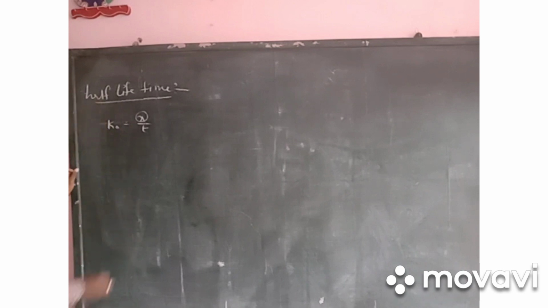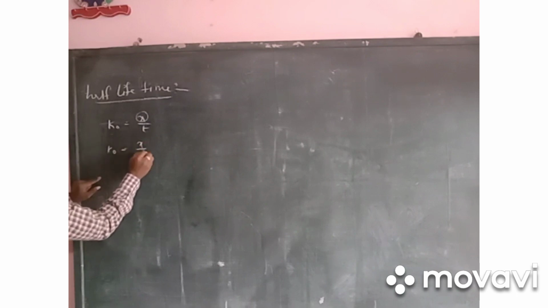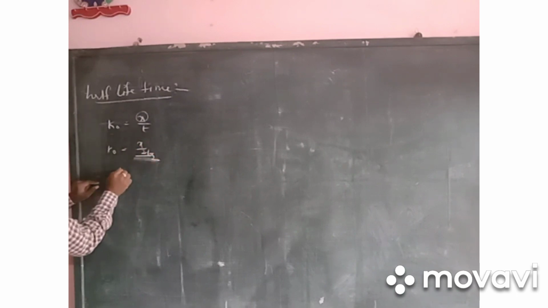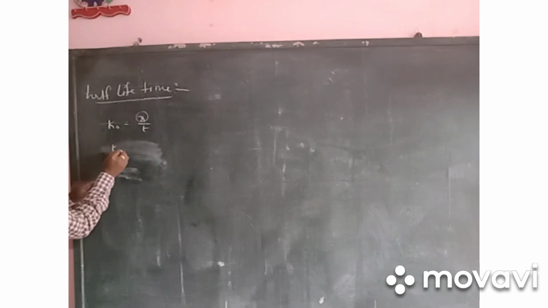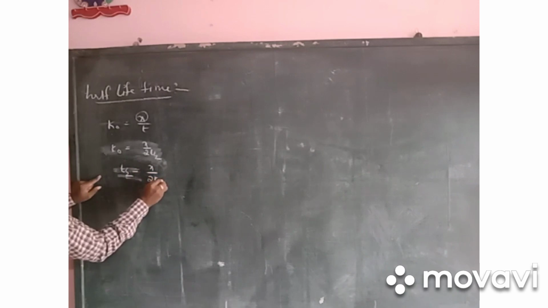We call it the half-life time. So k naught is equal to x by 2 into t half. We need t half, so t half is equal to x by 2 into k naught.